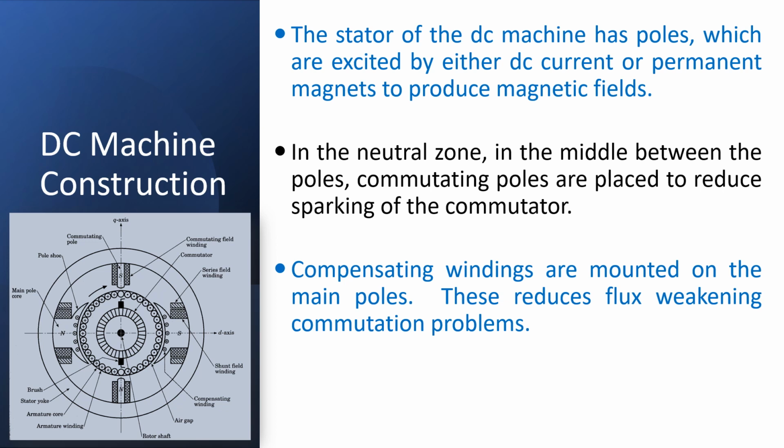The poles are excited by either DC current or permanent magnets. So the excitation may come from DC current in a DC machine or permanent magnets in order for the DC machine to produce a magnetic field.